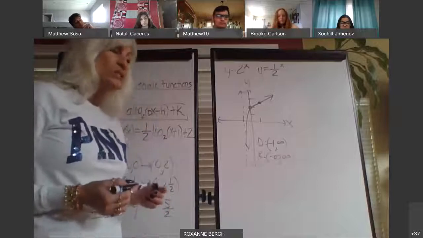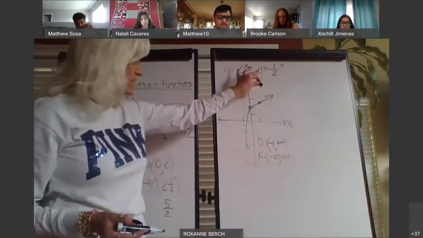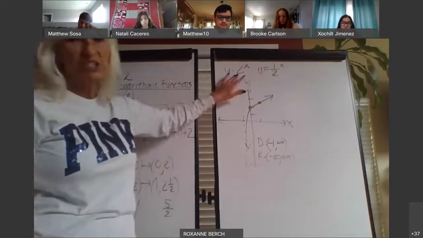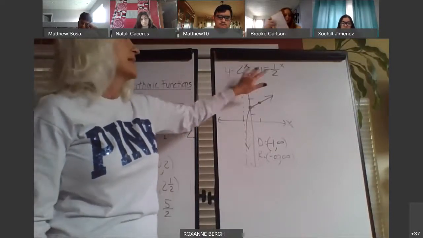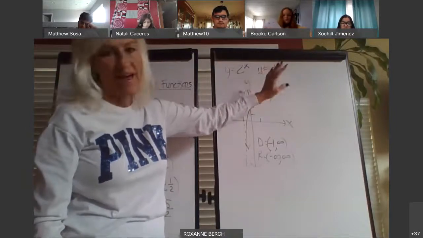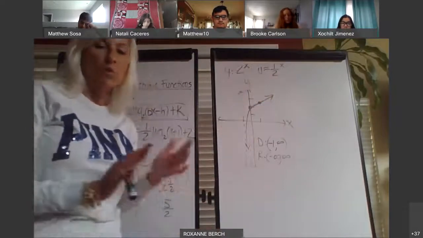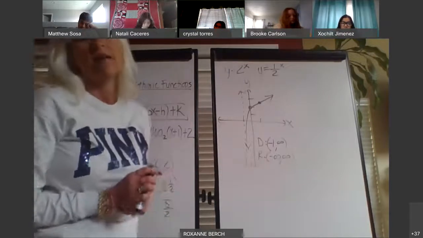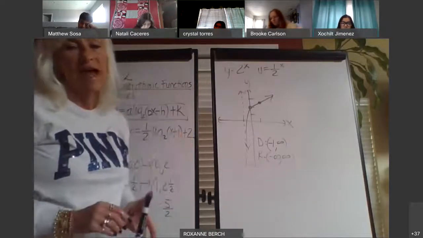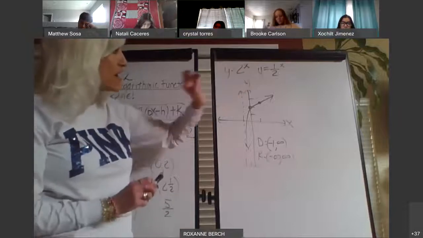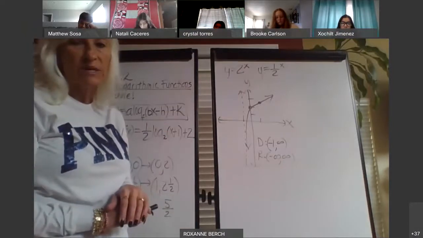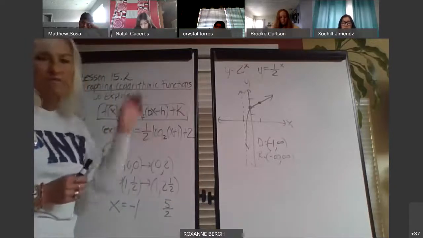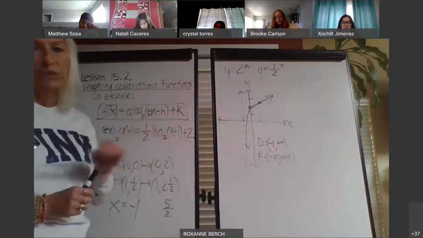Right now we're talking about the inverse of these, log base 2 of x and log base 1/2 of x. Since logarithmic functions are the inverses of these, they have vertical asymptotes at x equals 0 for the parent.